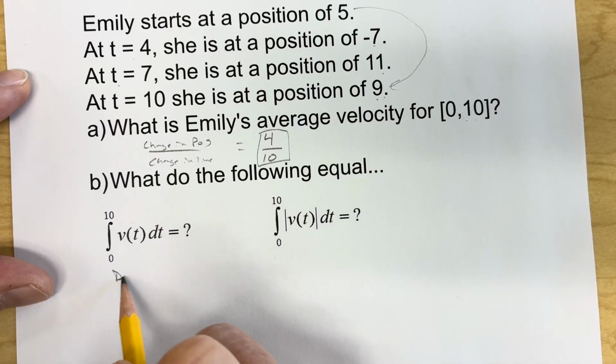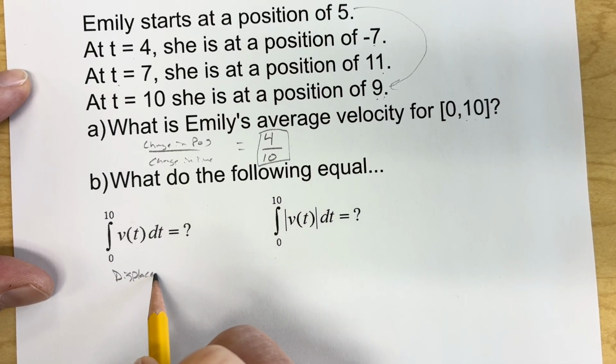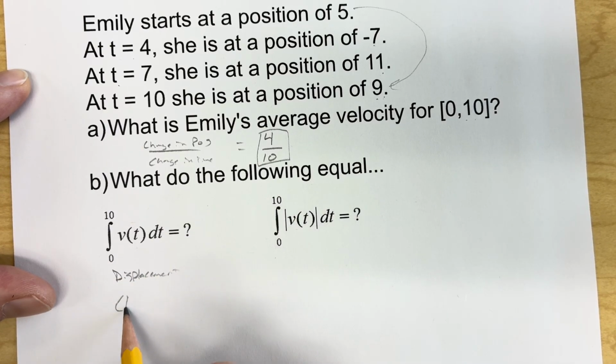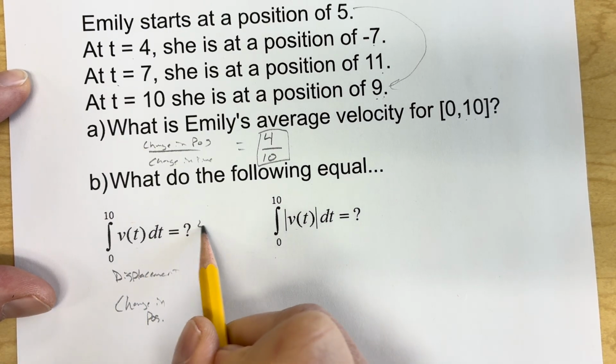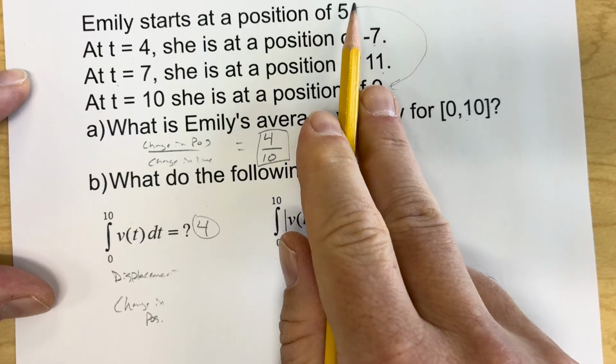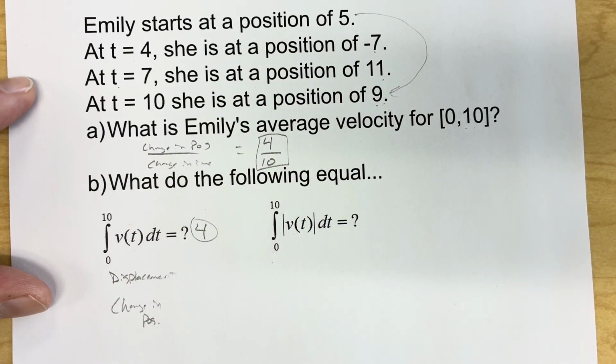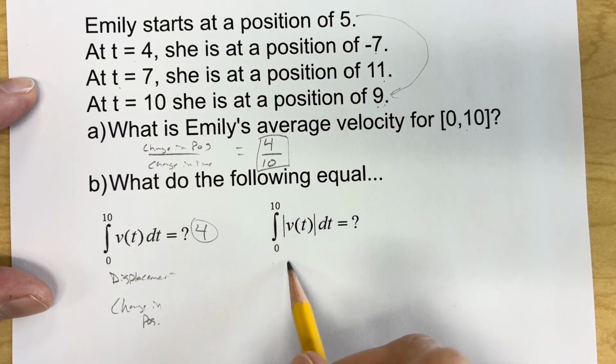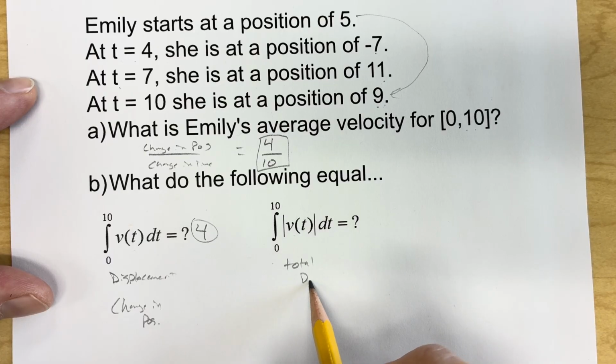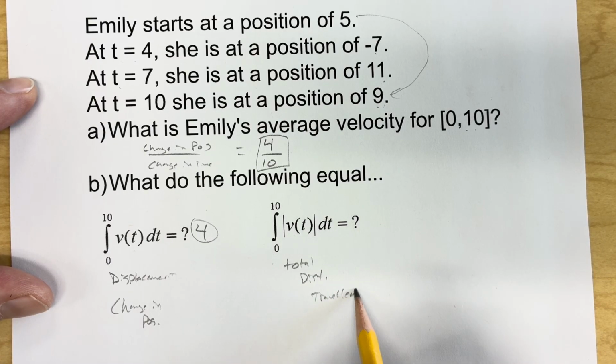This here is displacement. All right, this is change in position. And so this first one would equal 4. Her position went from 5 to 9, okay? But this one with the absolute value, this is total distance traveled, okay? Now this is going to take into account all the positives and negatives and add them all together as just actual values.